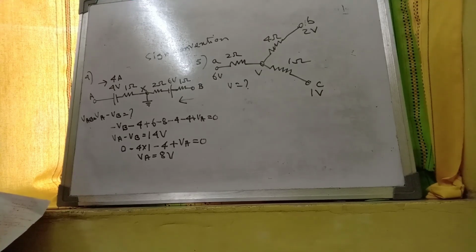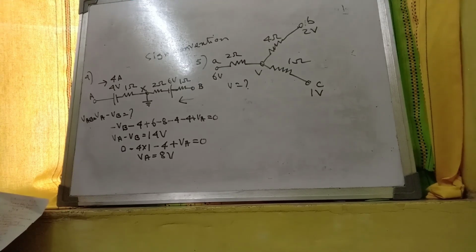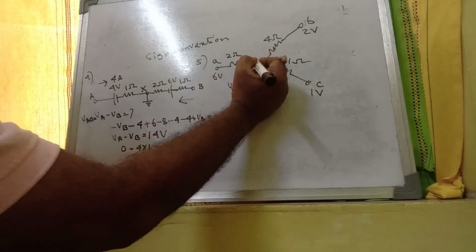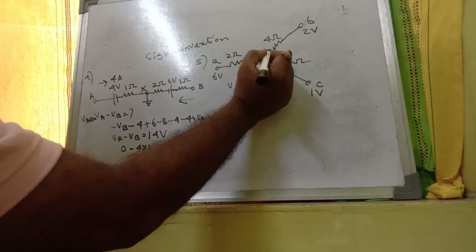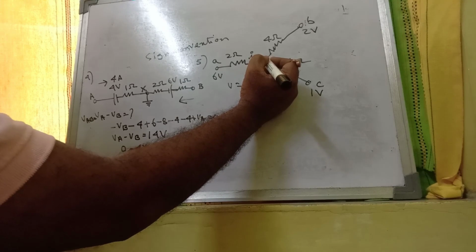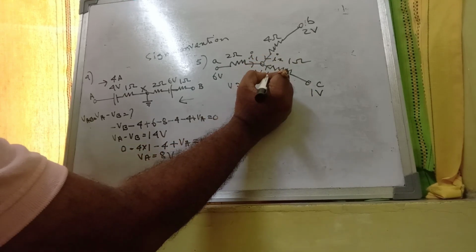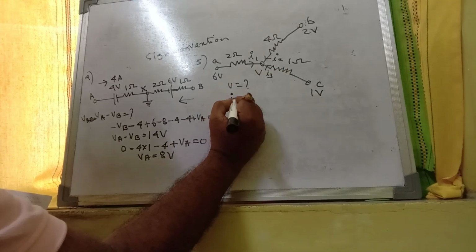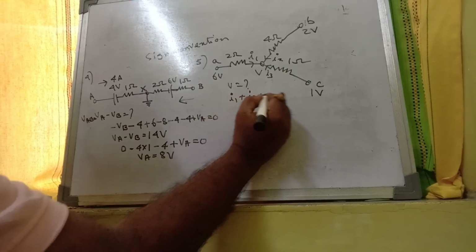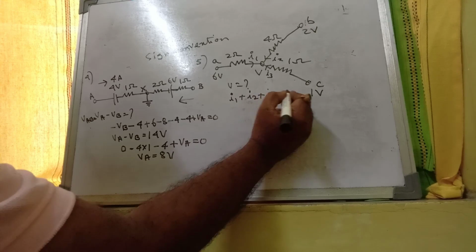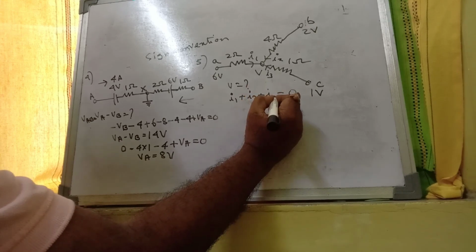So by KCL we know, if we consider this current as I1, this current as I2 and this as I3, so I1 plus I2 plus I3, according to KCL, the sum is 0.